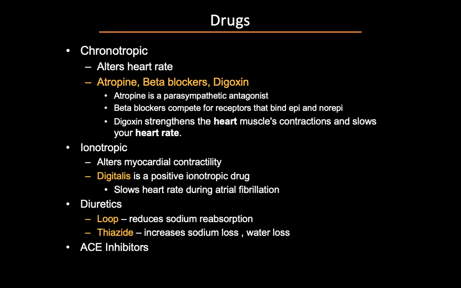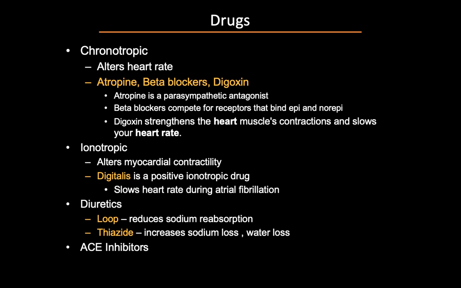ACE inhibitors, if you remember, ACE is the enzyme that converts angiotensin 1 to angiotensin 2, and angiotensin 2 helps to cause vasoconstriction and also increase aldosterone release, which is going to increase sodium reabsorption.